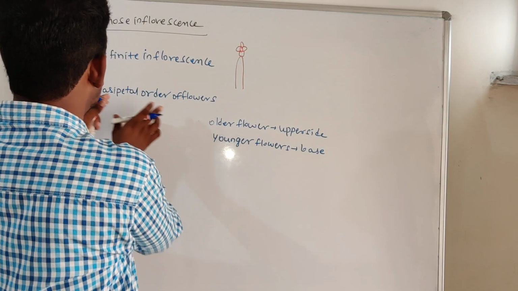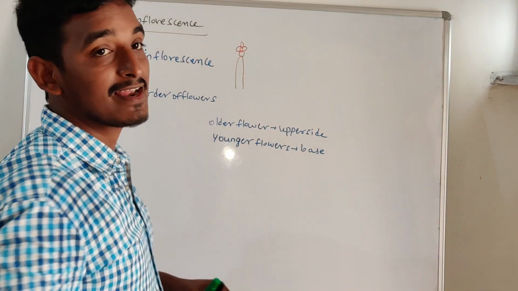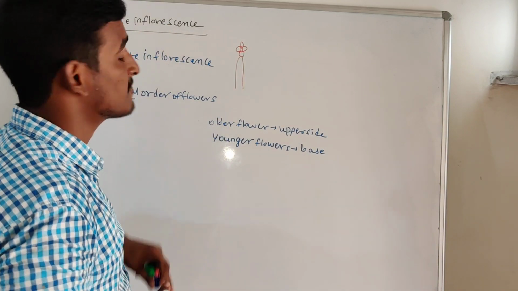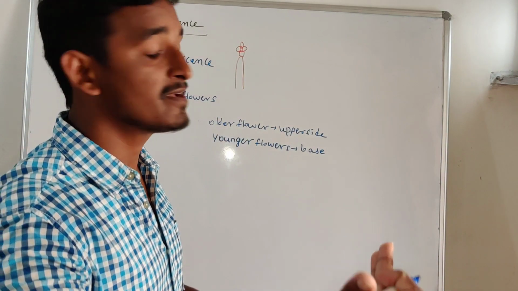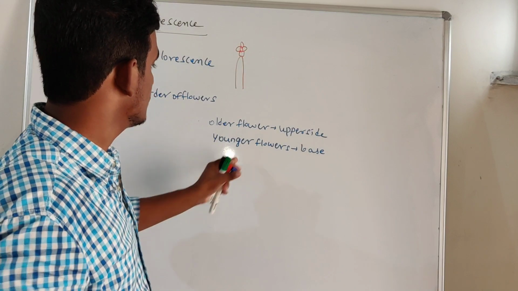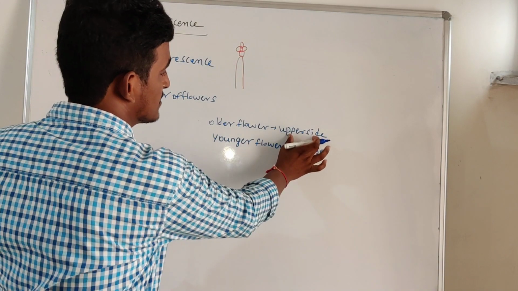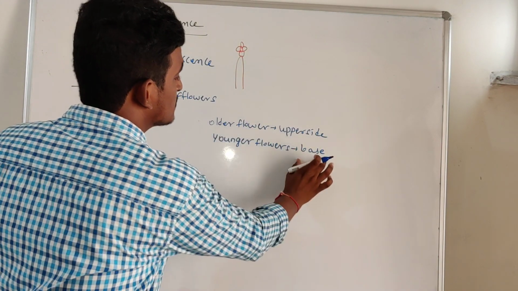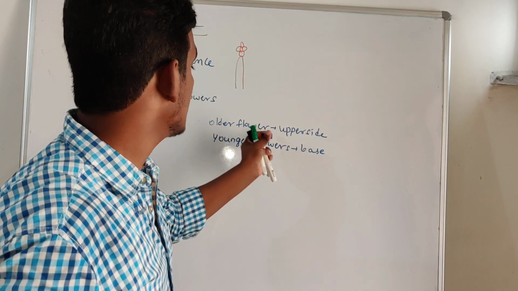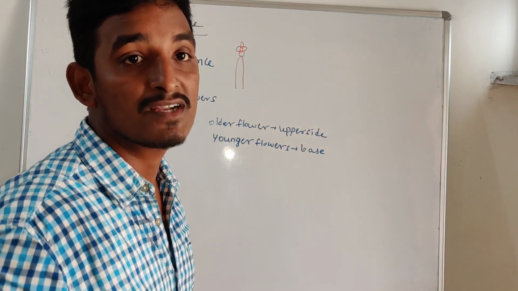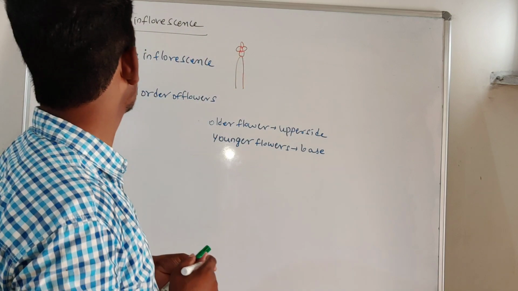This type of arrangement is called basipetal arrangement, and it is found in cymose inflorescence. Acropetal arrangement is the opposite: younger flowers are present on the upper side and older flowers towards the base. That is found in racemose inflorescence.